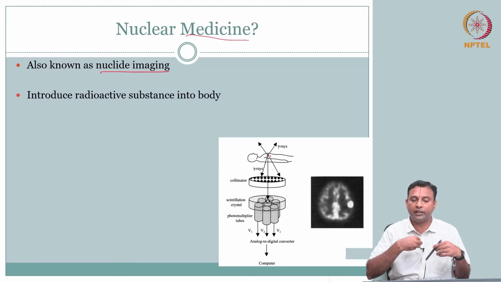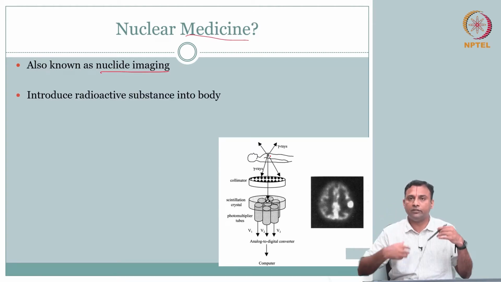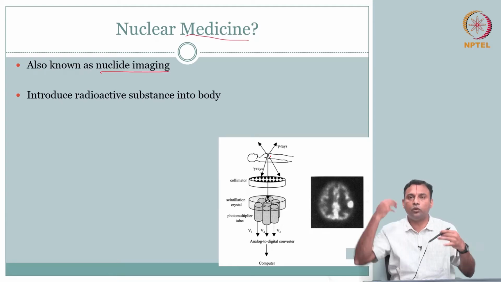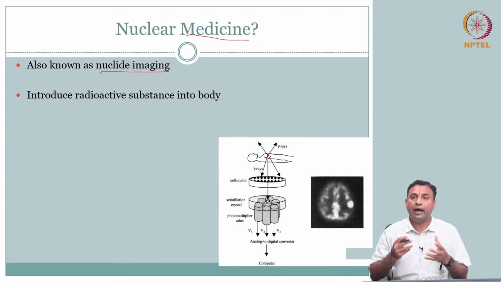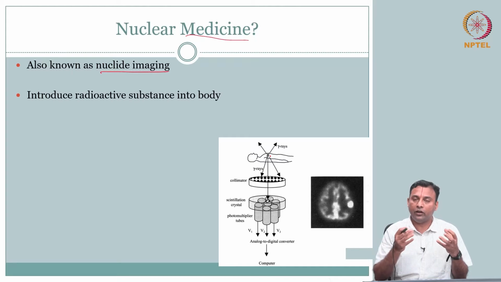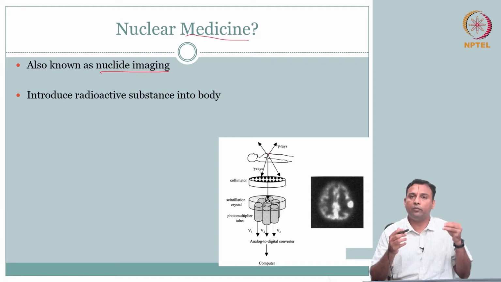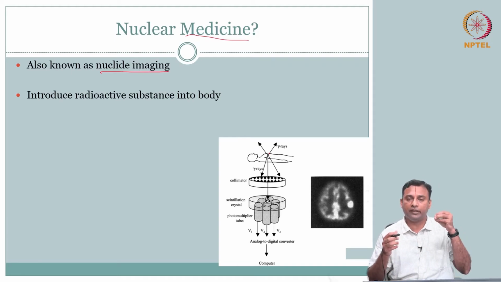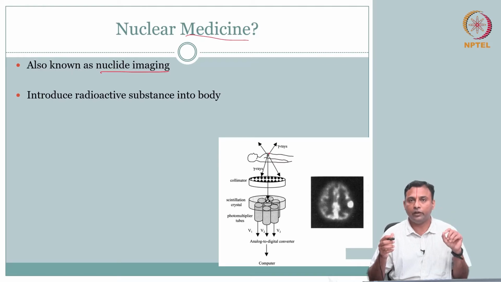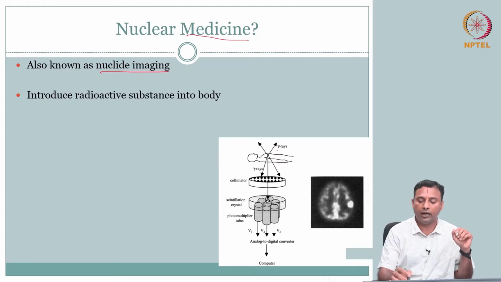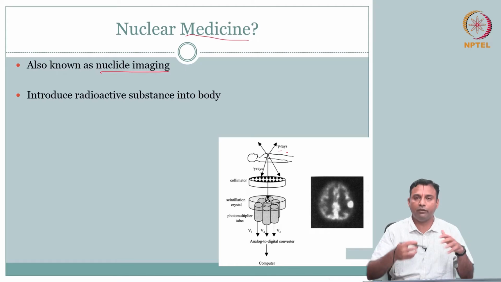You introduce radioactivity into the body, that substance will distribute because you put it in the blood, it will go through wherever the blood is taking it and get used, or get accumulated or go to the location where it is used, right? And then because this is a radioactive tracer, it is going to give out gamma energy.